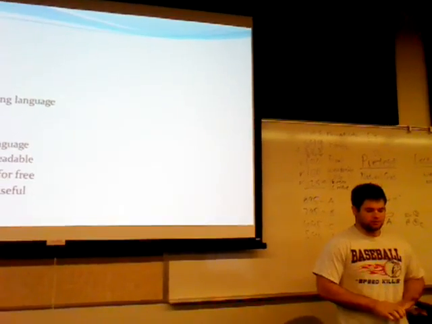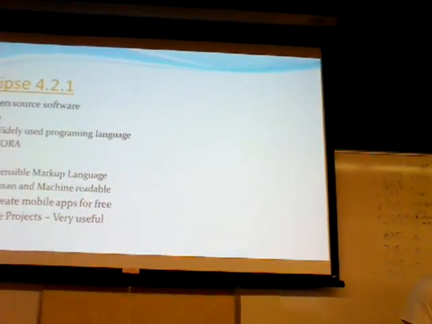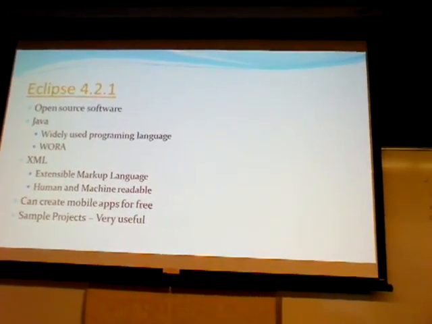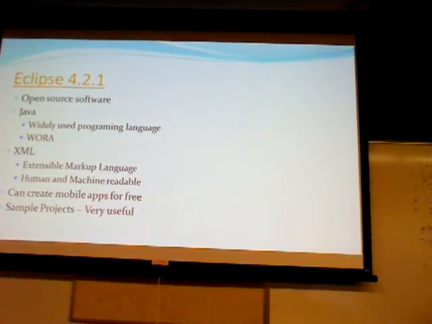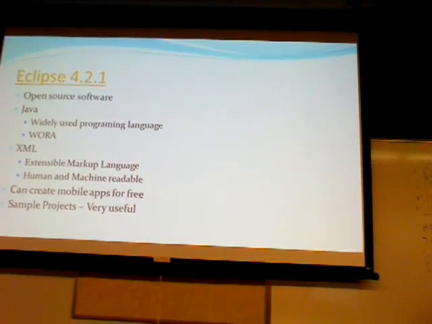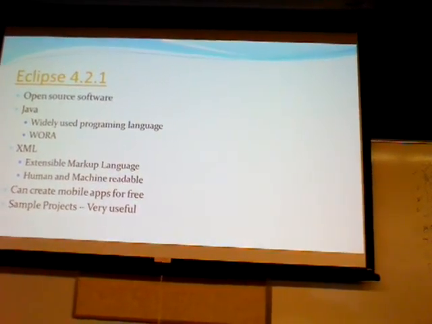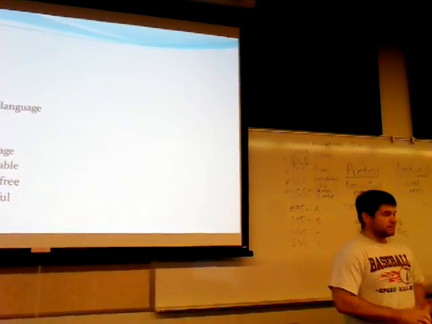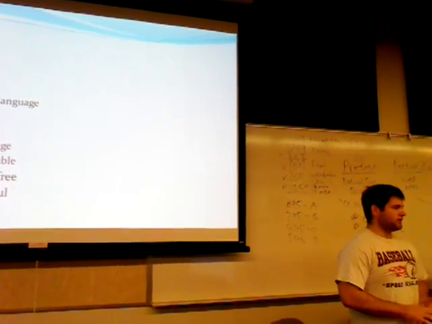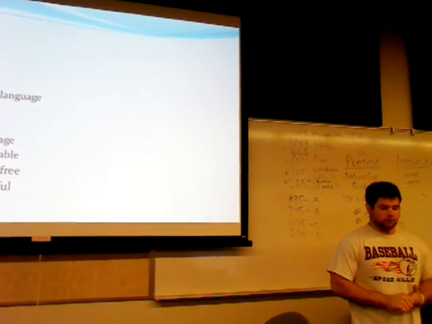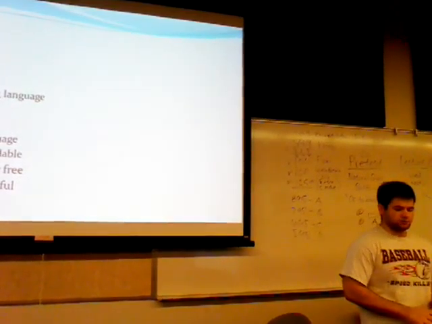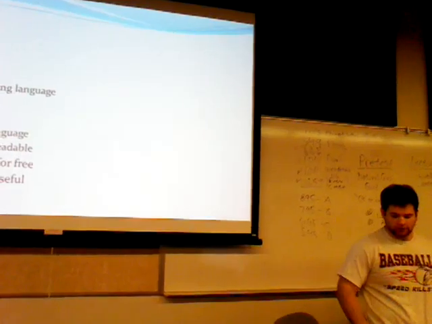It also uses XML, which is extensible markup language. It's human and machine readable code, and what I've used it for is setting up the layout and the properties and stuff like that. One benefit is you can create the applications for free, so there's no need to pay to download it. And there are a ton of sample projects, one of which I'm using to help learn how to use the Bluetooth.